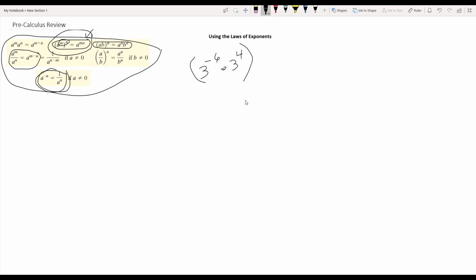So what can we do? Well, this will simply be equal to 1 over 3 to the 6, right? Times 3 to the 4th.